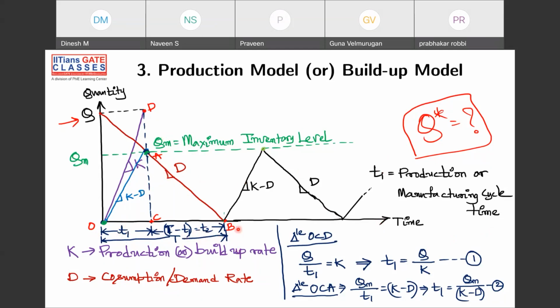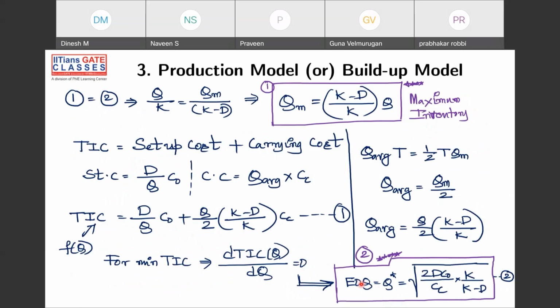Okay, so the important formula for EOQ is given like this. Don't forget about all these things. You already know the formula of EOQ is under root 2D C0 by Cc. The only multiplication factor that comes into the picture is K by K minus D, production rate by production rate minus demand rate.